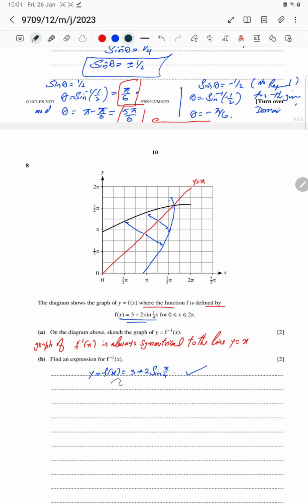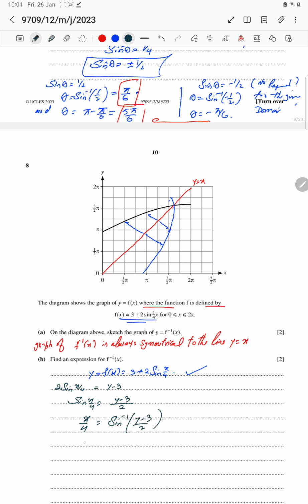So let's shift this 3 to the other side. We will get 2 sine of x by 4, divided by 2. It means sine x by 4 is equal to y minus 3 by 2. So x by 4 equals sine inverse of y minus 3 by 2.